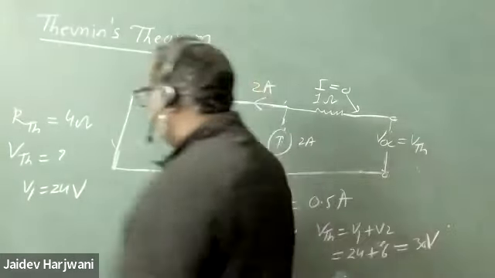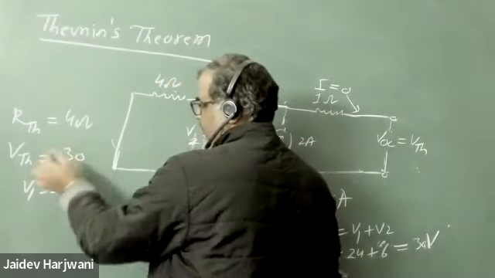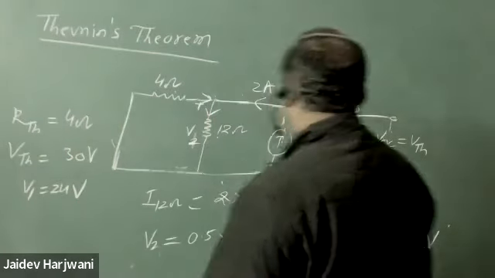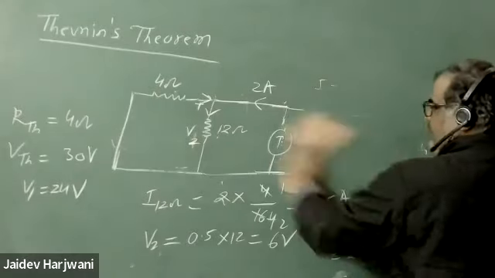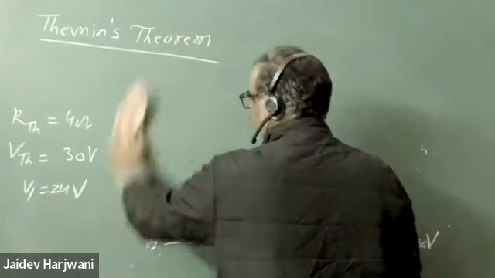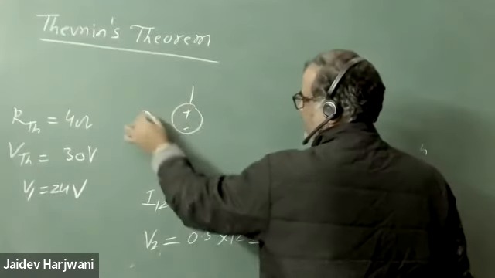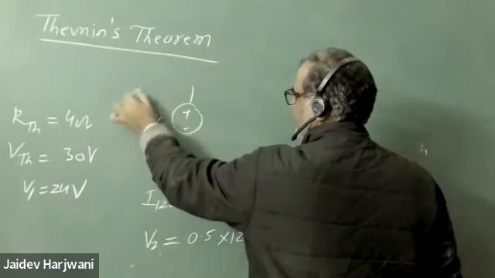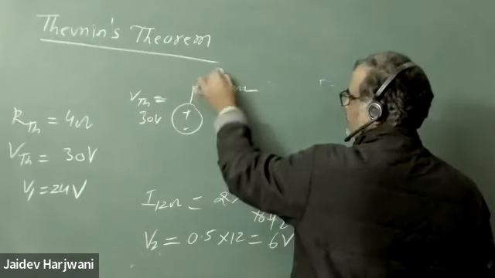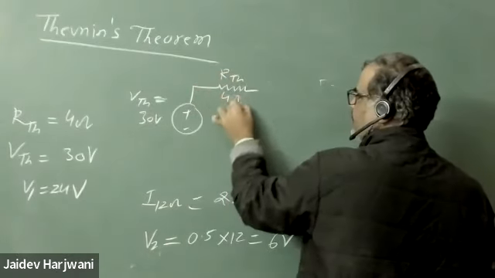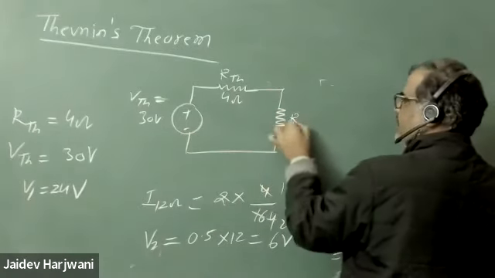So now I know R Thevenin and V Thevenin, and I can draw the equivalent circuit of the given circuit: 30 volts, which is V Thevenin, and this R Thevenin is your 4 ohm, and across here we have a resistance RL.